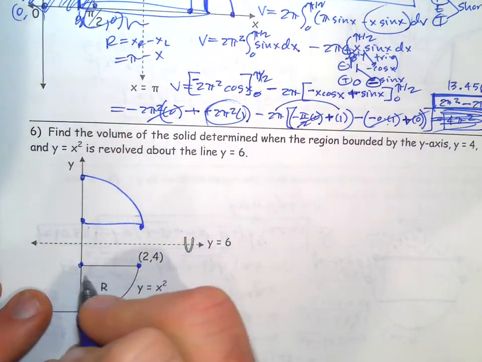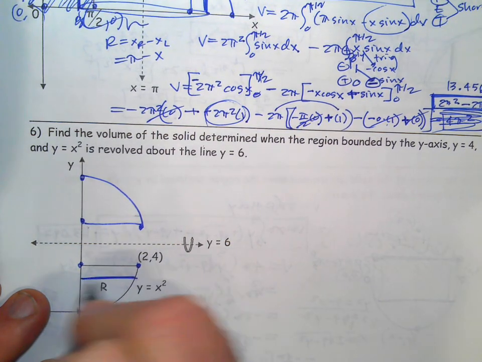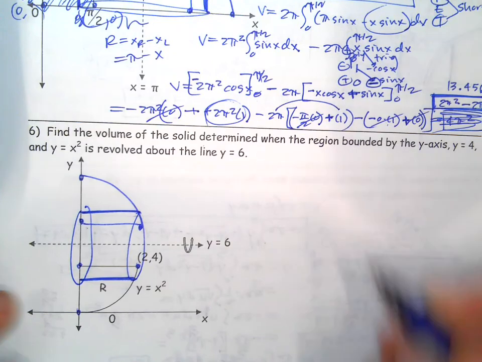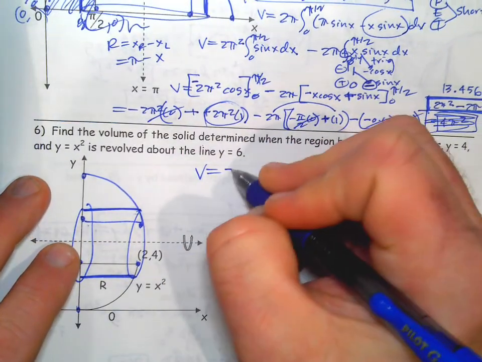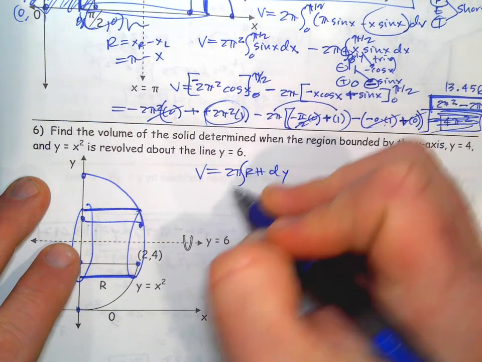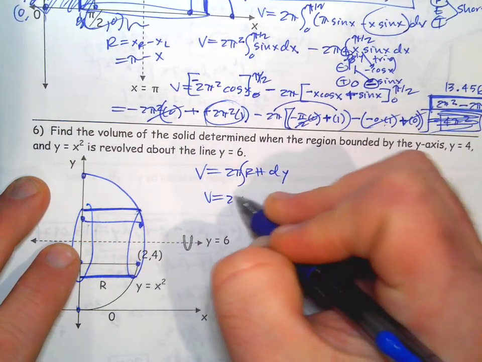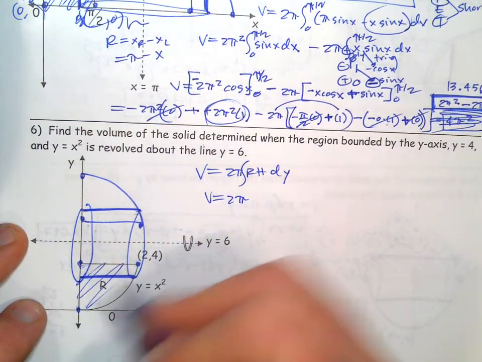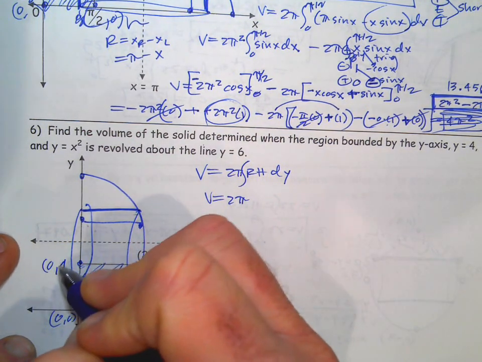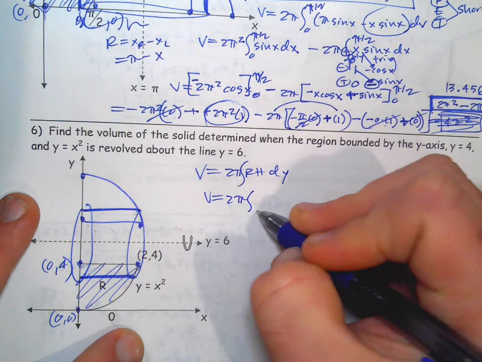Okay, if we want shells, we're going to slice parallel to the axis of rotation. Volume of one shell, 2 pi r h dy. Limits are going to be 0 to 4.